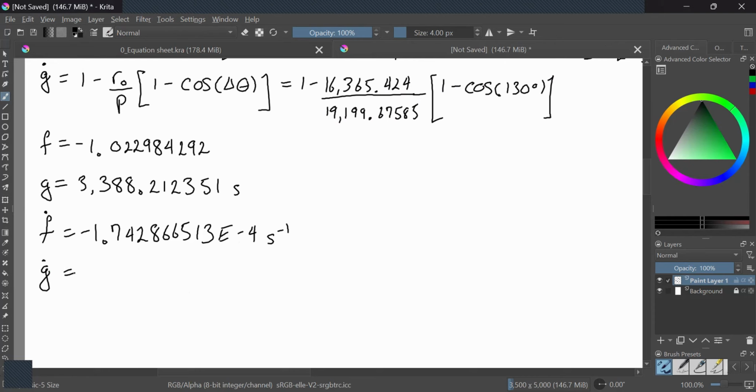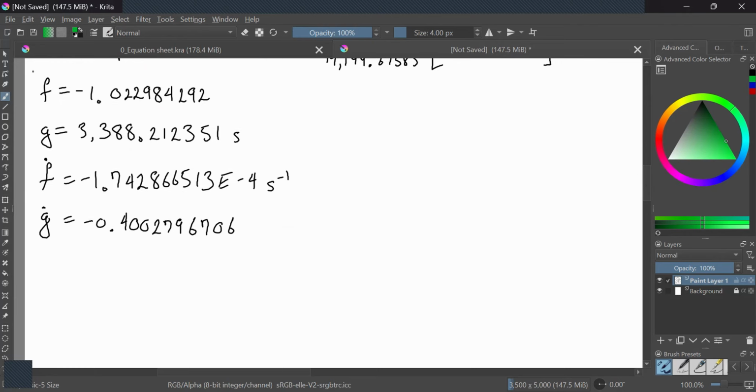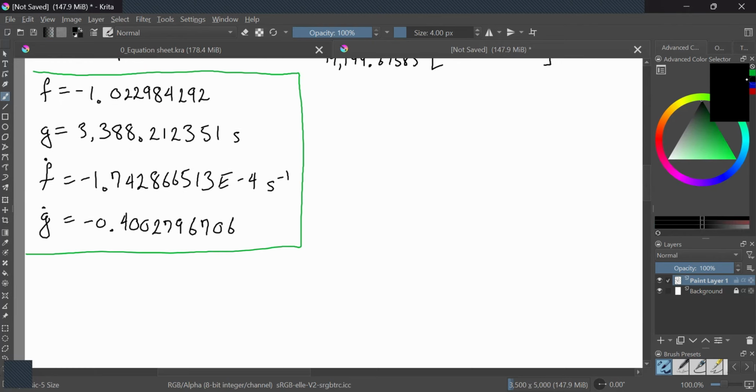That's a g dot of minus 0.400279676. And this I will put a big green bracket around.